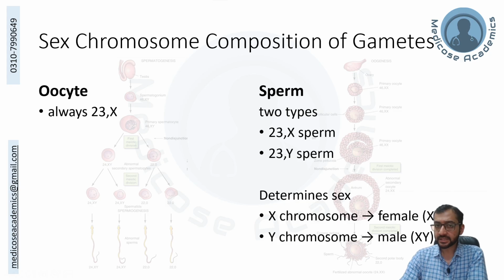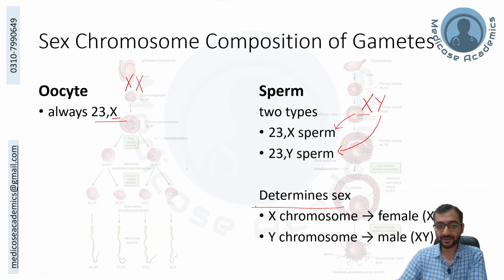Sex chromosome composition is different. As the female is XX, there is only the possibility of having all the gametes with an X chromosome. So there are always 23 chromosomes with one X chromosome. In males, the genotype is XY, so there is a 50% chance that a sperm will have an X chromosome and a 50% chance of having a Y chromosome, and that is why the male is the one that determines the sex.